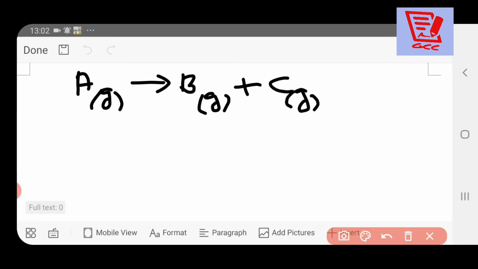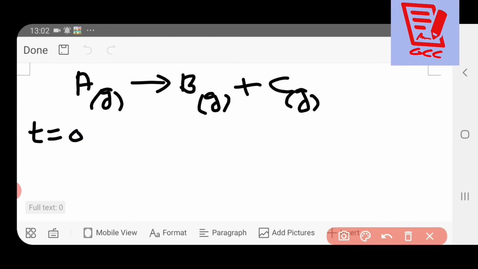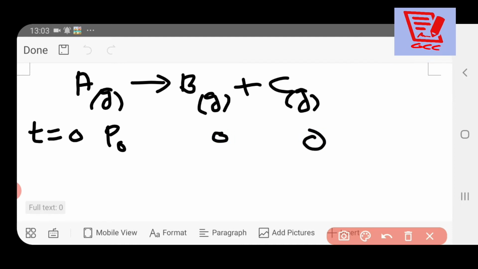Now as we know very well, at initial time, when time is 0, let the pressure of A be P naught, and for B and C it is 0.